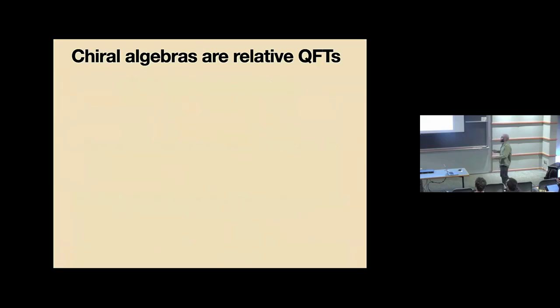And so I'm going to be in 1+1 dimensions in this talk. And I'll say a little bit about full conformal field theory with both left movers and right movers. But a lot of the results that I'll state will be at the level of chiral algebras. So let me remind you what a chiral algebra is.